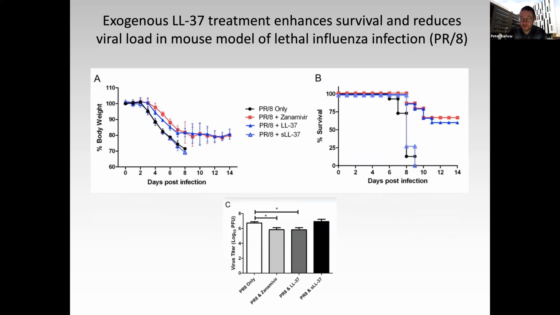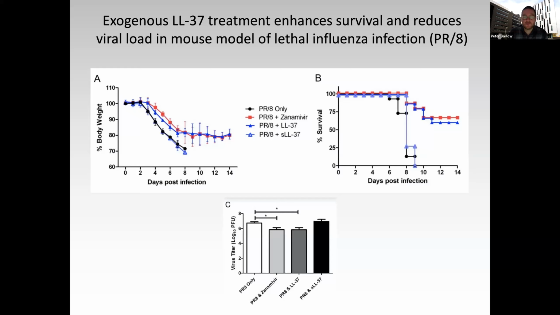Before I came to Edinburgh Napier, I worked for the US Centers for Disease Control and Prevention. There we did a mouse study where we infected mice with a lethal dose of influenza. We treated those mice with either a control, which is the black bar, or with zanamivir, which is a common anti-influenza drug.